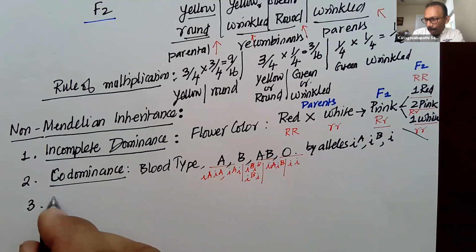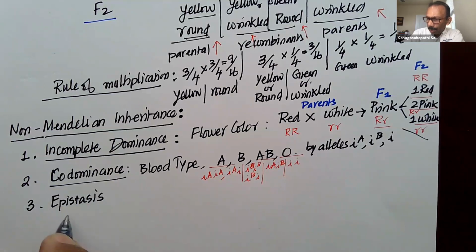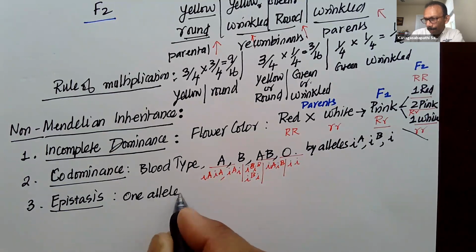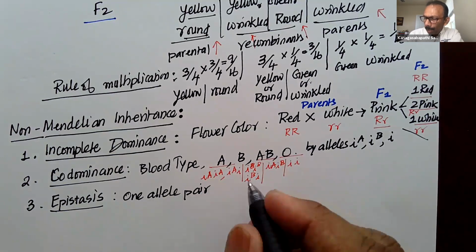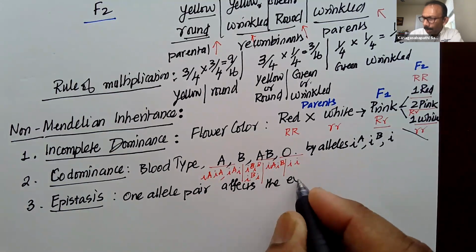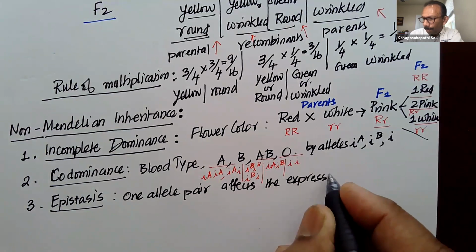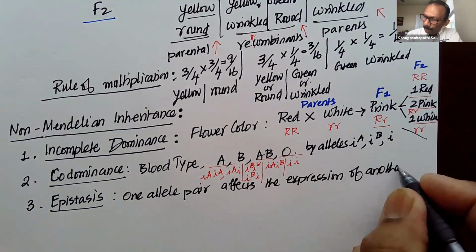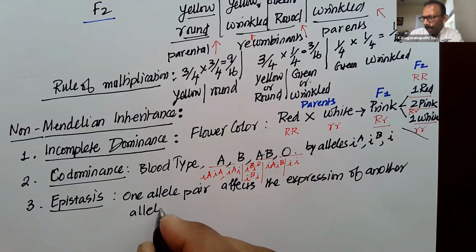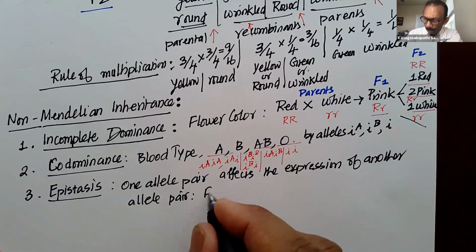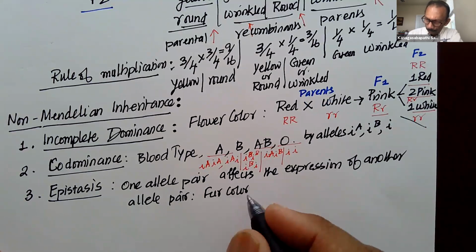The third type is called epistasis. Epistasis is when one allele pair affects the expression of another allele pair. A good example is the fur color of golden retrievers.